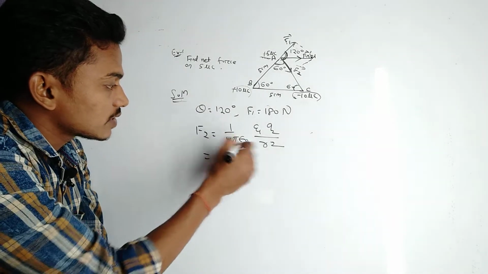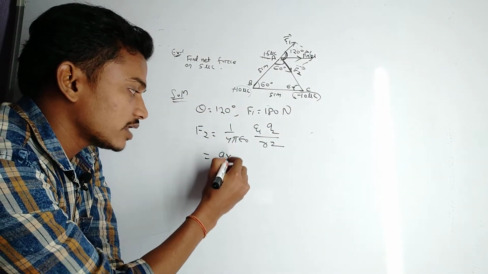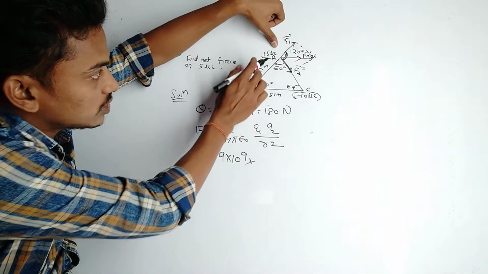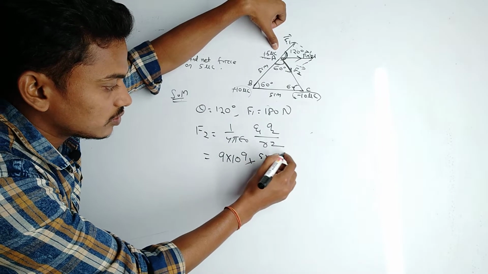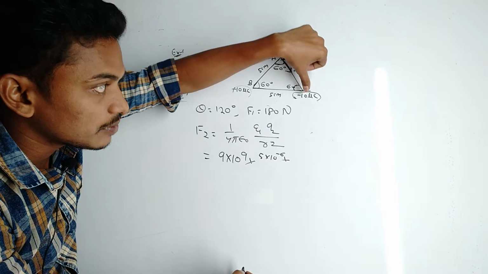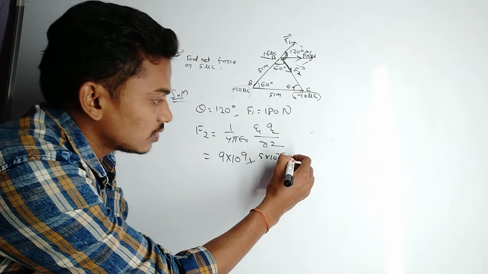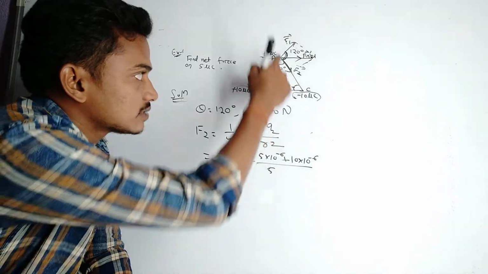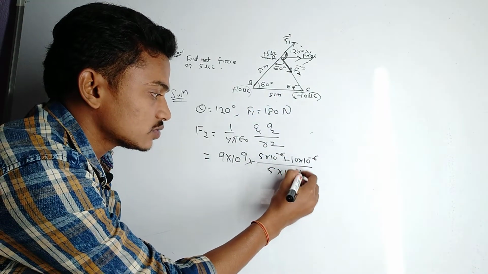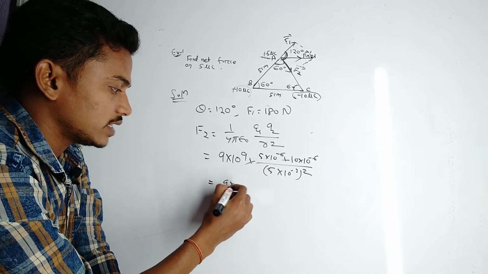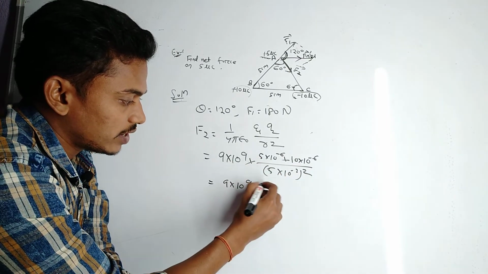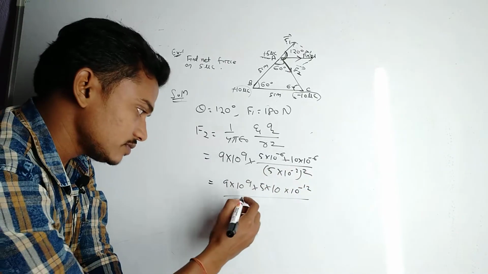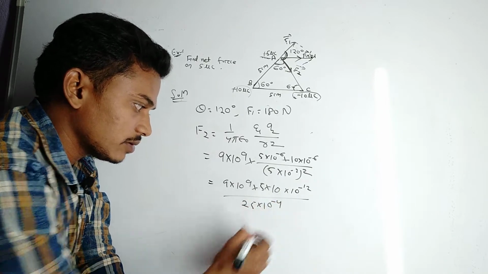So 1 by 4 pi epsilon 0 is 9 into 10 to the 9, Q1 is 5 microcoulomb, so 5 into 10 to the minus 6, and Q2 is minus 10, the magnitude of which is plus 10, so 10 into 10 to the minus 6, by the separation 5 centimeters, so 5 into 10 to the minus 2, squared. That equals 9 into 10 to the power 9 into 5 into 10 into 10 to the minus 12 divided by 25 into 10 to the minus 4.